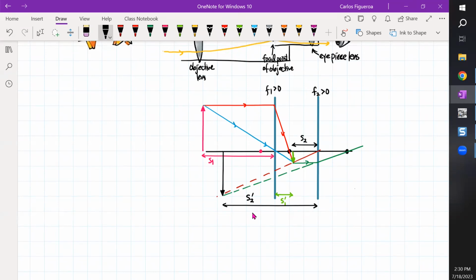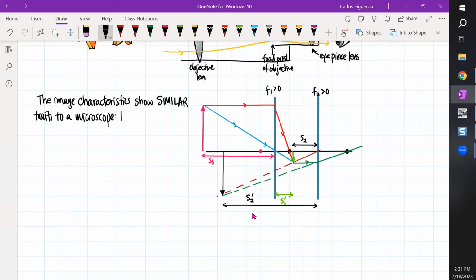So if I look at this thing, we can see that the image characteristics show very similar traits to a microscope.